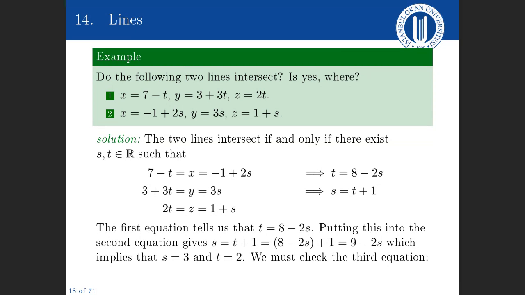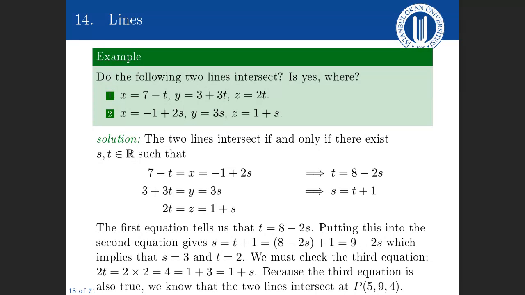We need to check, does s equal to 3 and t equal to 2 also work for the third equation? We can calculate 2t is equal to 4, and we can calculate that 1 plus s is also equal to 4. So the answer is yes. The third equation is also true.